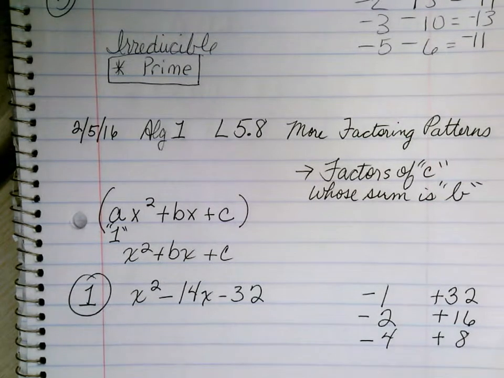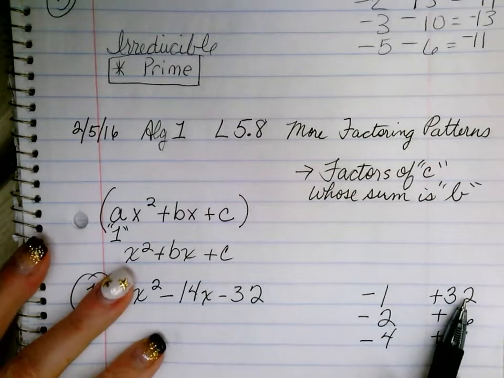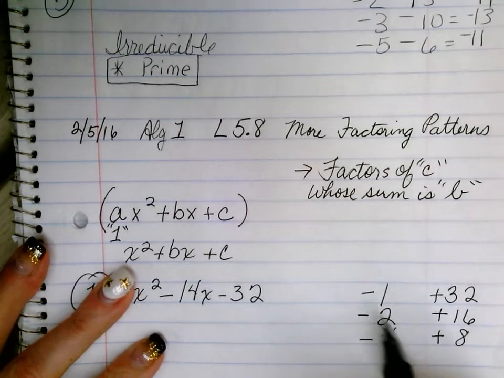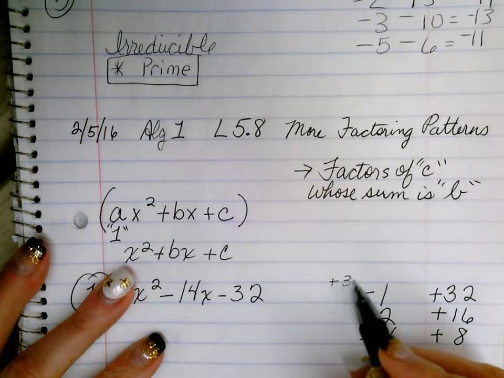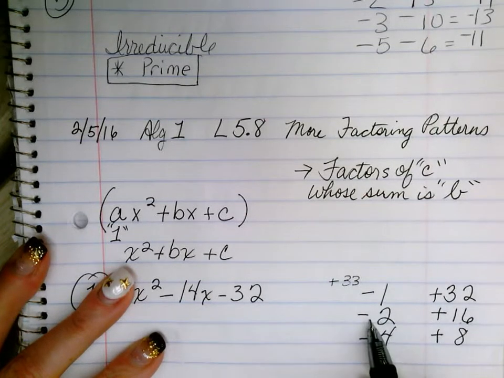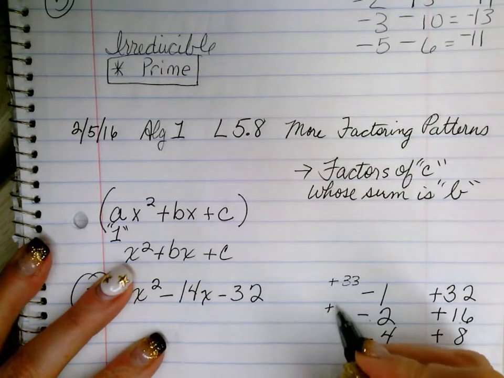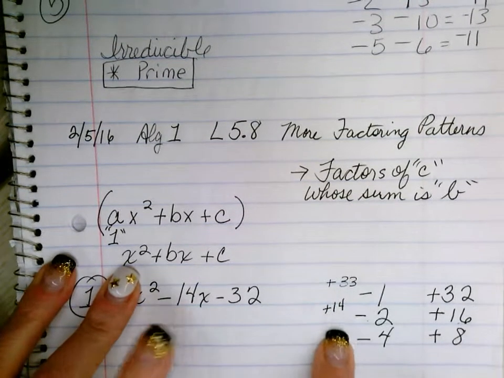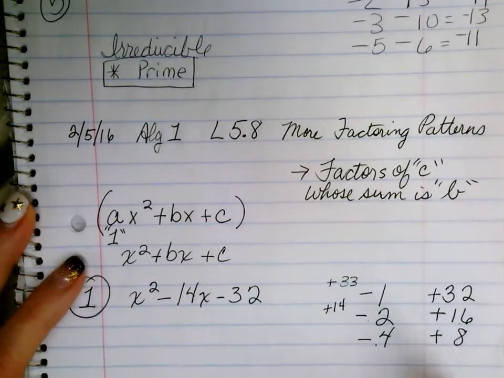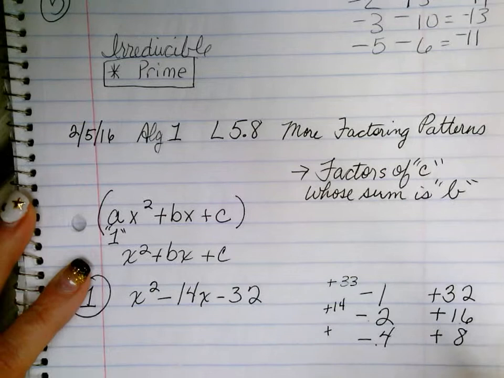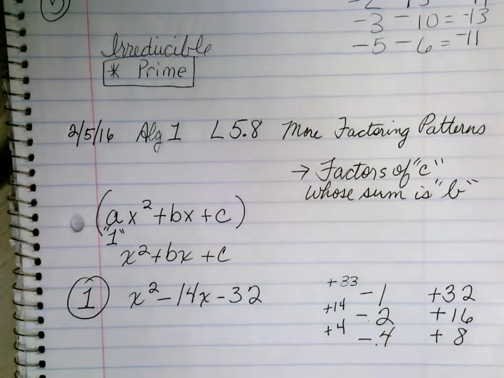Okay? With that, the sum will be positive 33. With this, it would be a positive 14. And with this, it would be a positive 4. Okay? Not quite what we wanted.